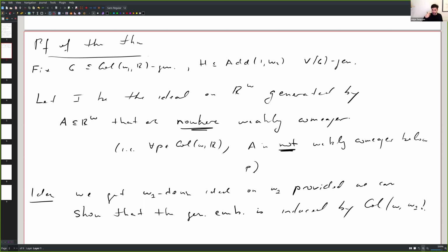Why? What's the content of this statement? The content is that collapsing omega 1 to omega gives you the generic for the poset associated to the ideal. Now the key thing is that this forcing Col(omega, omega 1) is of size omega 1. So your forcing associated to the ideal has an omega 1 dense subset, because the generic is induced by this forcing of size omega 1.